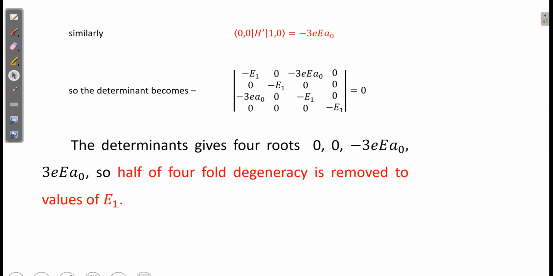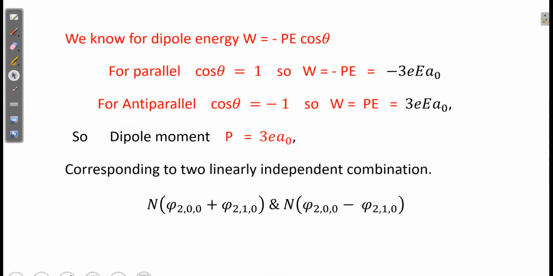One value is minus and one value is plus. Minus value is for parallel dipole, plus value is for anti-parallel dipole. In this way, the dipole moment P is equal to 3 e a naught, because E and e can be replaced, so P is equal to 3 e a naught.